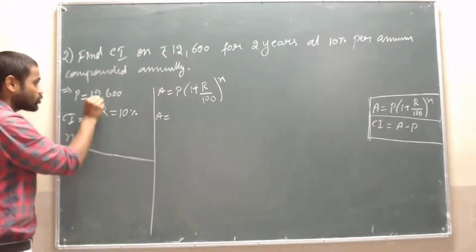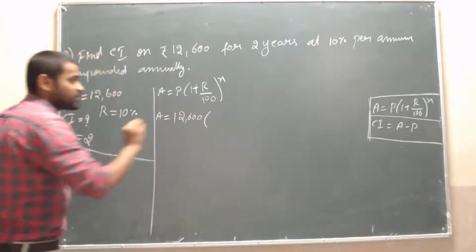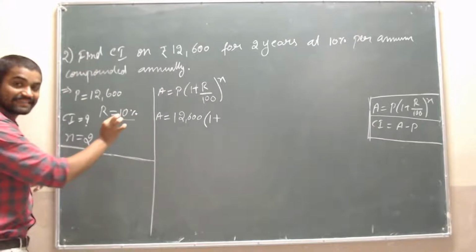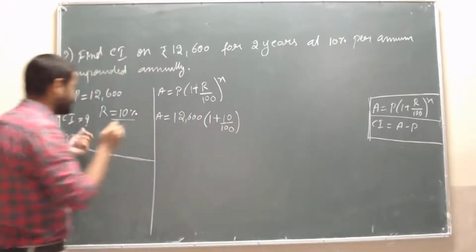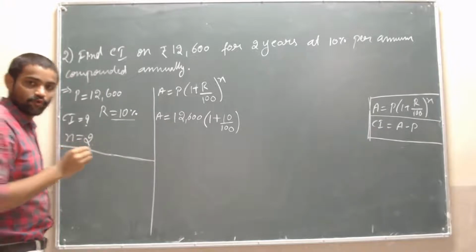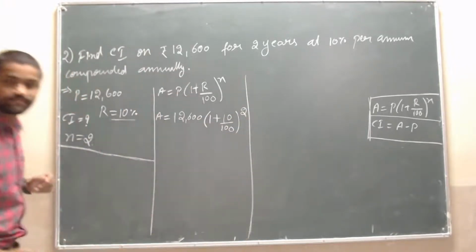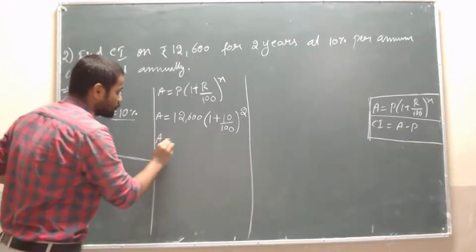P is equal to 12,600, bracket 1 plus R is 10 by 100, and N is 2. Isn't it?